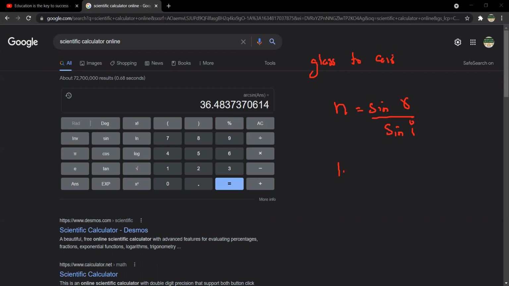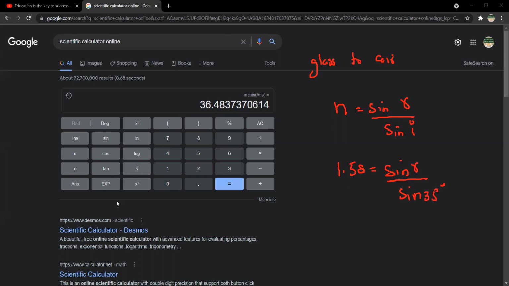That was given in the question. So that is 1.58. Sine R we are finding, and angle of incidence we already measured. That was 35.